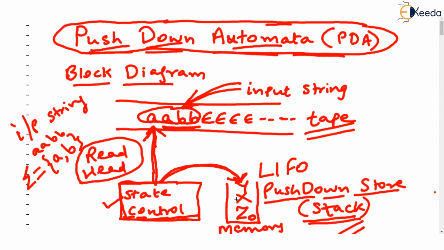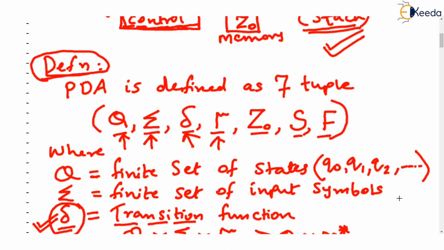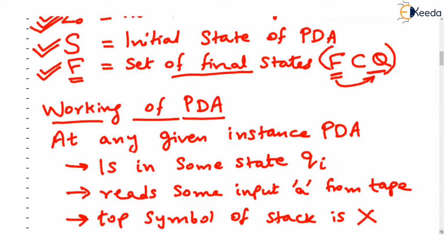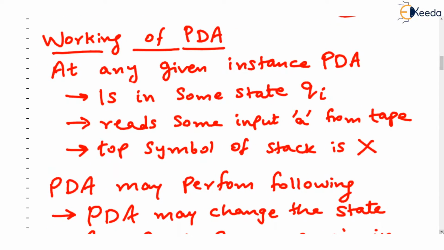We also saw the basic definition of PDA, how PDA is a 7-tuple and what is the meaning of Q, sigma, delta, tau, Z0, S and F. But I'm sure that this part of the explanation won't be justified because a beginner doesn't understand the working of PDA from the given definition. So let's see what PDA does exactly and how it works.